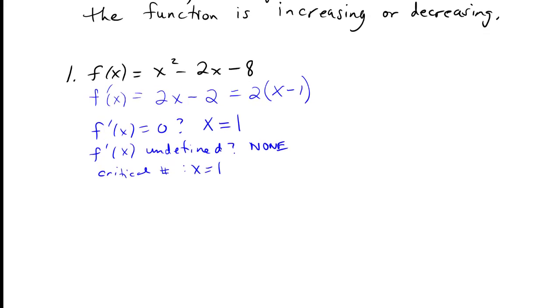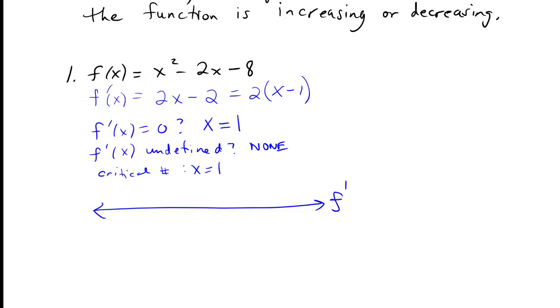So what are we going to do with that? We're going to take a number line, and this number line is going to tell us about the sign of f prime. On the number line, we're going to put any critical numbers. We'll also put any place where the function is not defined, but there isn't any of that here.